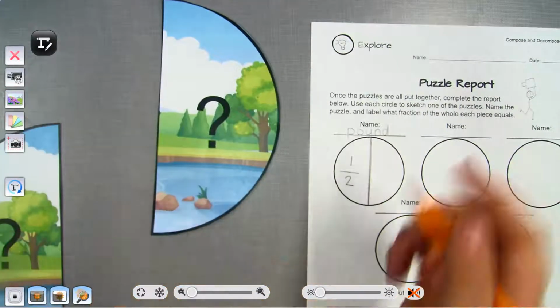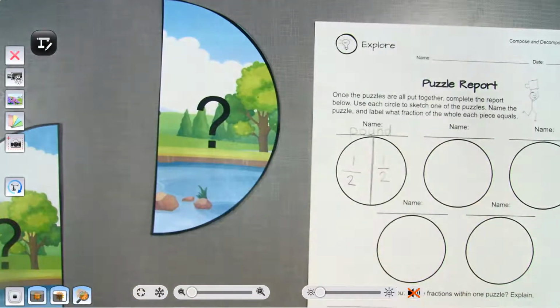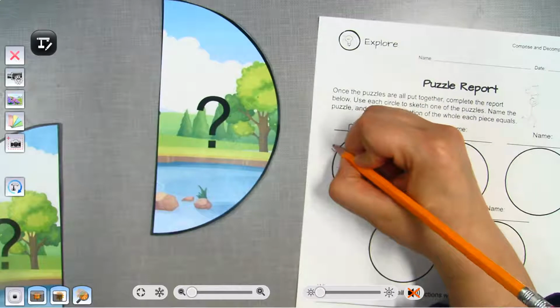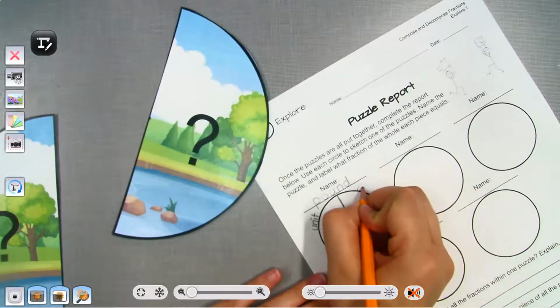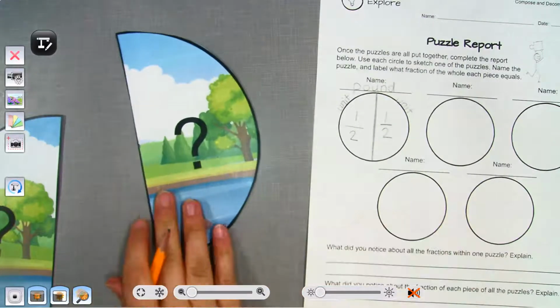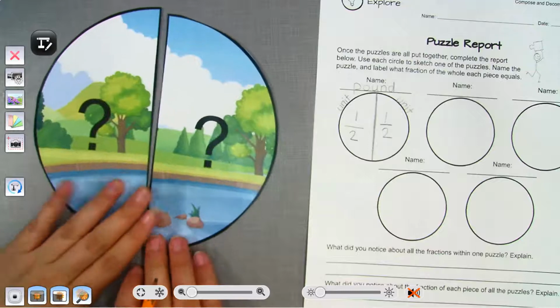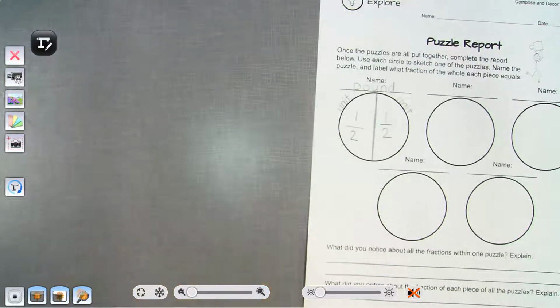And this piece would be 1/2. So this is a unit, and this is a unit in my fraction. Units are kind of like your pieces. So 1/2 and 1/2. Let's look at our next puzzle piece.